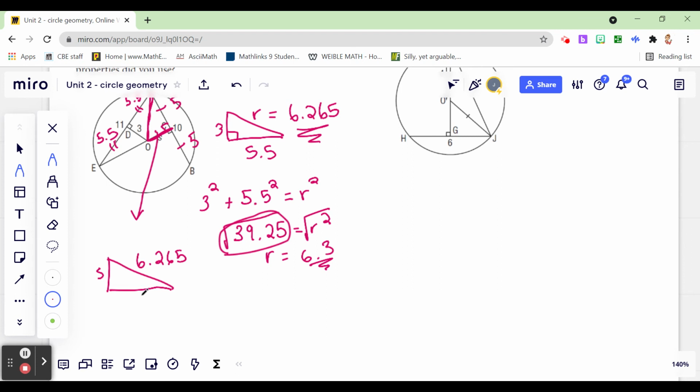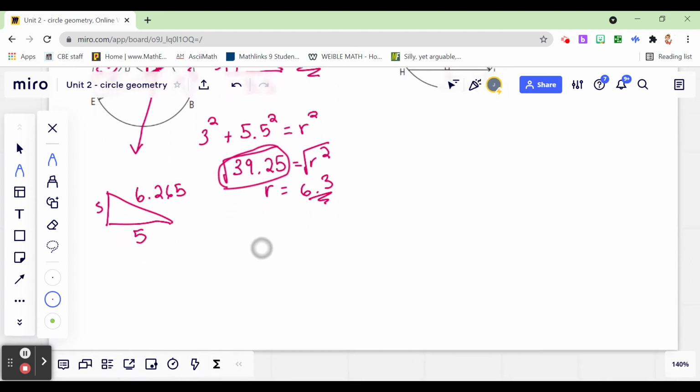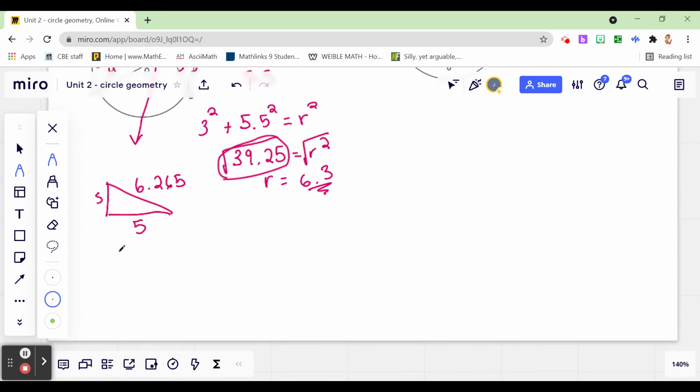Now I'd need to use the Pythagorean theorem to solve this. I'm going to use my two sides, square those, and set that equal to r squared. If I want to be exact, I could use this, because this number squared just undoes the square root. So I do know that r squared is equal to that, and I'm going to use that just to be more precise.